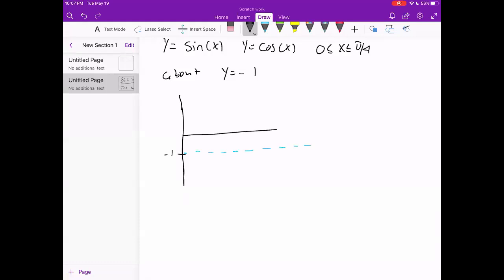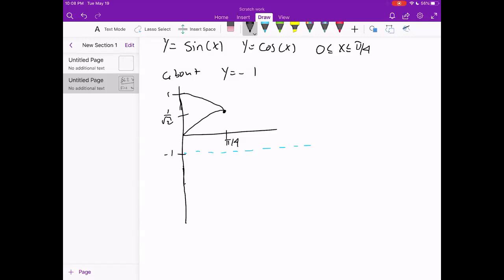We're going to pi over 4, so let's call this 1 over square root of 2 here. Let's call this 1. Sine's going to look something like this. Cosine's going to look something like this. And that's the shape that we rotate around this axis down here.